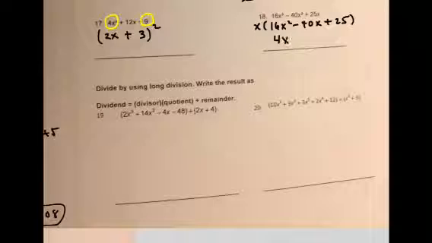Okay, number 18. I can factor out an x, and you get 16x squared minus 40x plus 25. Now in the parentheses it looks like a perfect square trinomial, so I'm going to see. 4x and 5 are the square roots respectively.